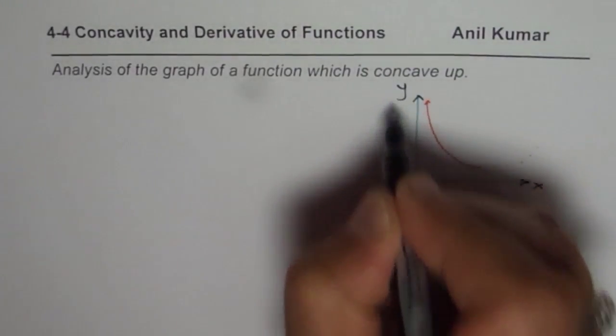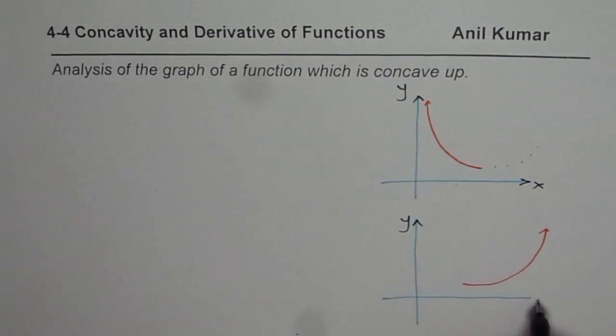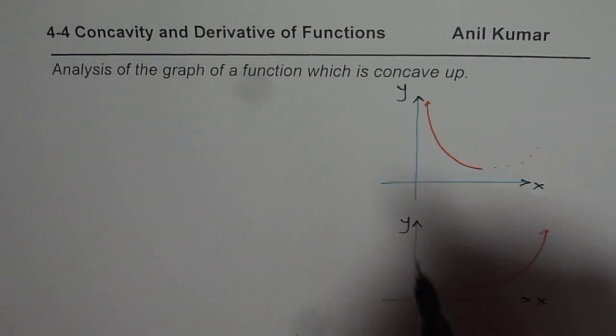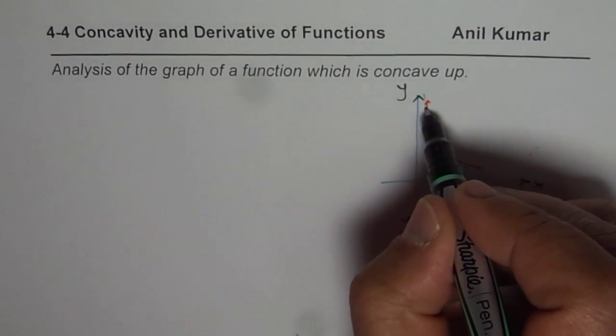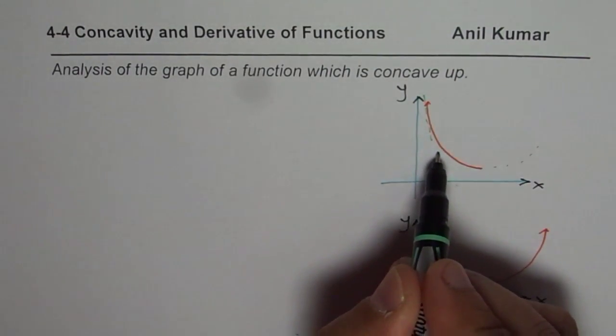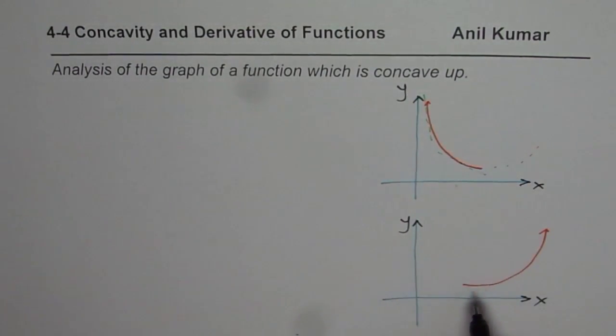So let us say we have the function as shown here. Now, what you notice here is if I draw a tangent line at any point on this graph, then the graph is above the tangent line. Do you see that? If I draw a tangent at any point on the graph of the function, then the graph is over the tangent, right?